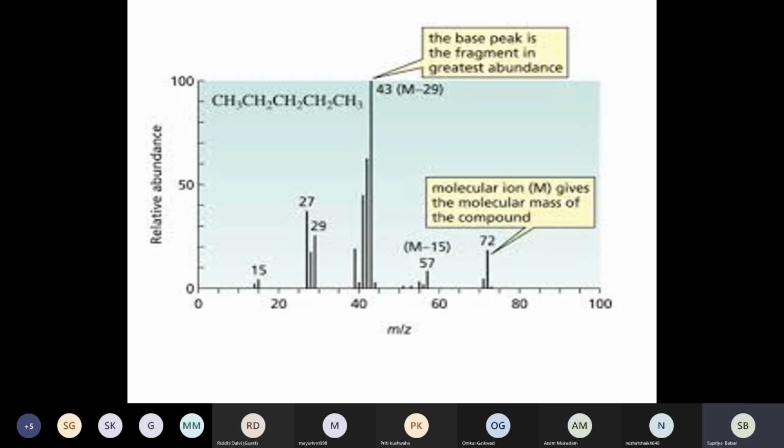And what is the base peak? It is the highest peak in the mass spectrum. You can see the base peak, the highest one, is 43. The base peak is the fragment in the greatest abundance, so its intensity is taken as 100, and the intensities of the other peaks are expressed relative to it.